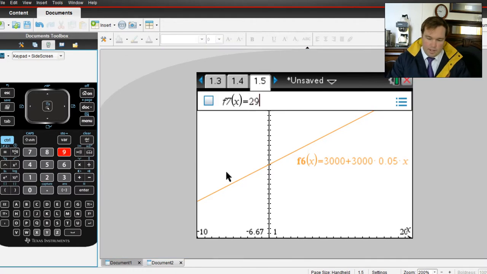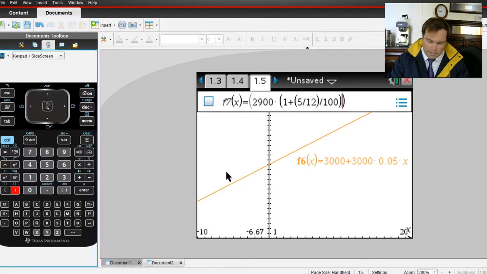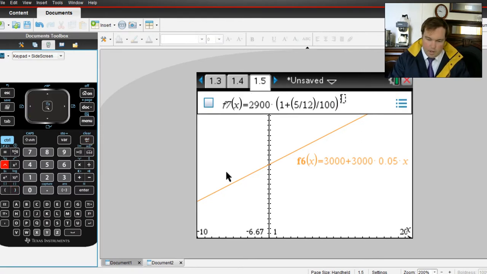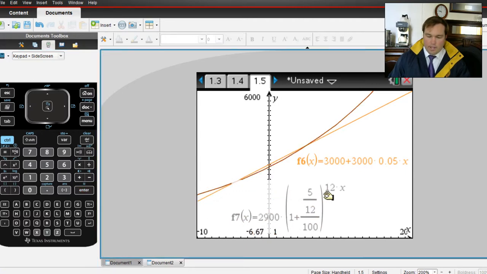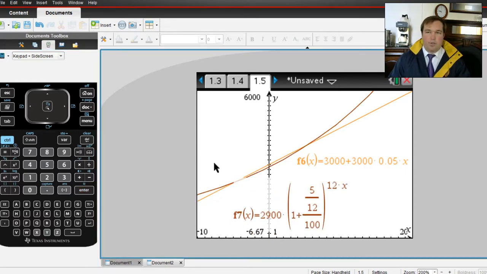So we would do 2,900 multiplied by bracket 1 plus bracket 5 on 12, close bracket, over 100, close bracket, to the power of 12 times x. Alright, neat. See how the brown one is curving up. Compound interest grows by more interest each period, so it'll curve.